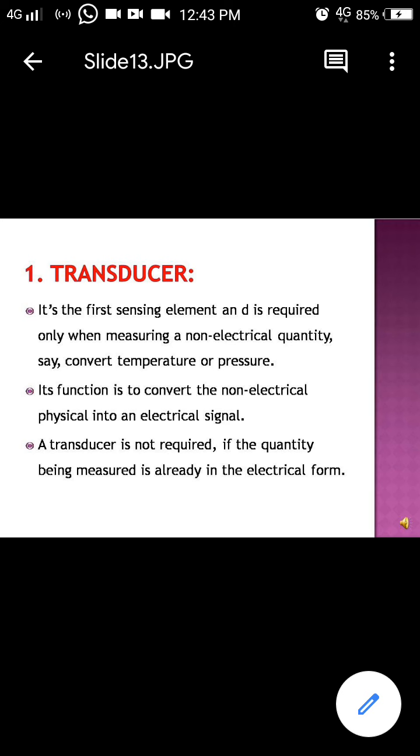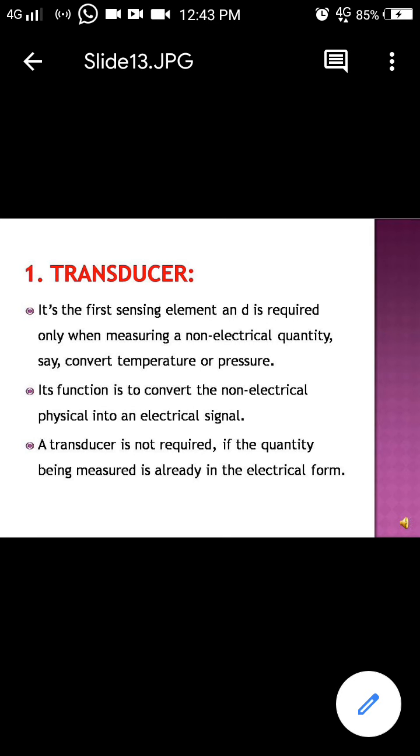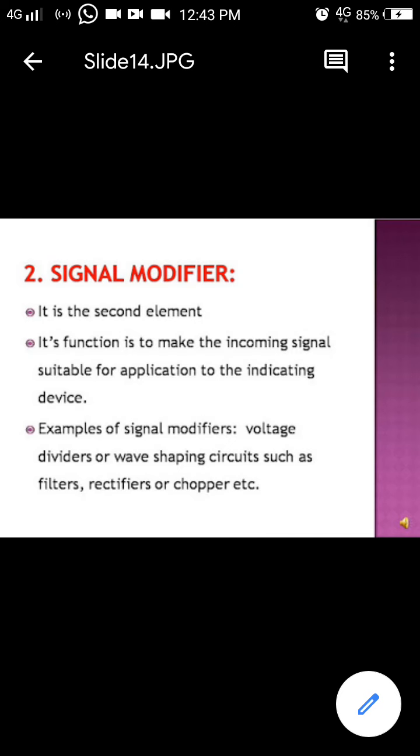A transducer is not required if the quantity being measured is already in electrical form. Signal modifier. It is the second element and its function is to make the incoming signal suitable for application to the indicating device.